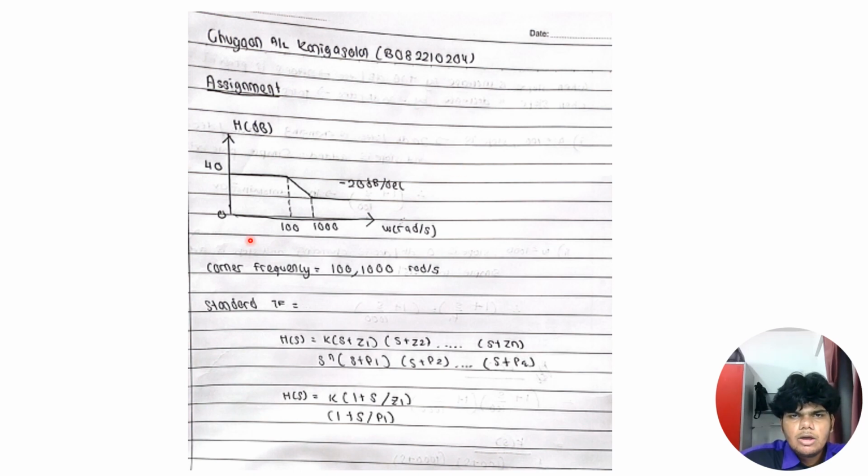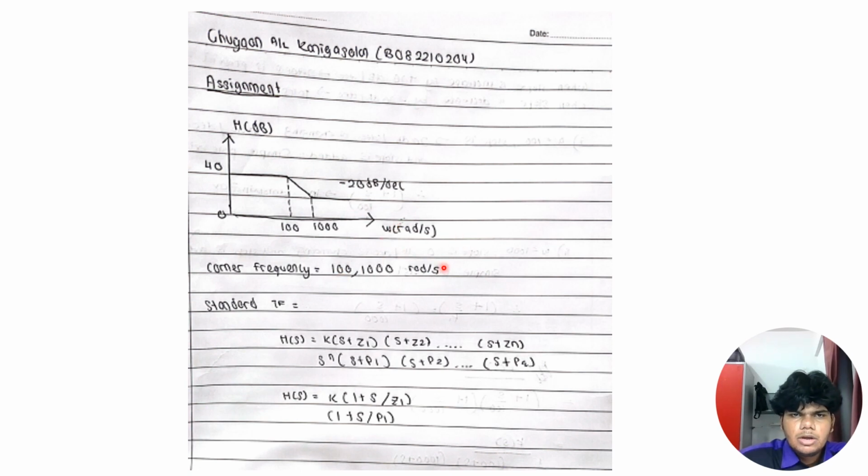So from this information, we can get the equation, which is 1 plus omega per 100 and also 1 plus omega per 1000. As you can see, the corner frequencies from this graph are 100 and 1000 radian per second.